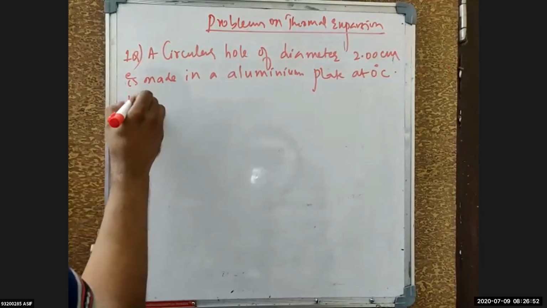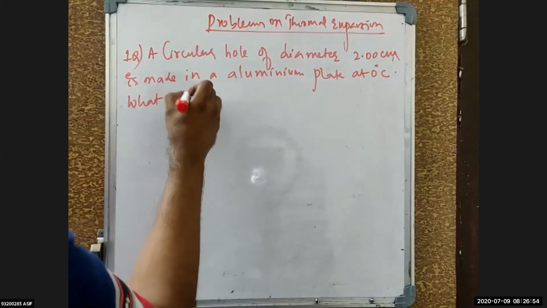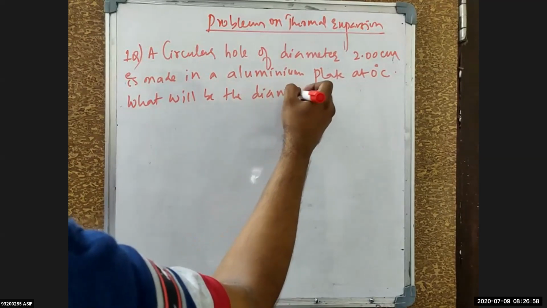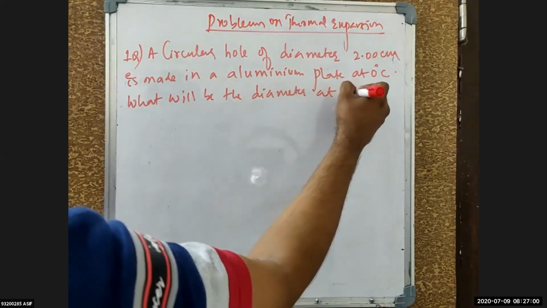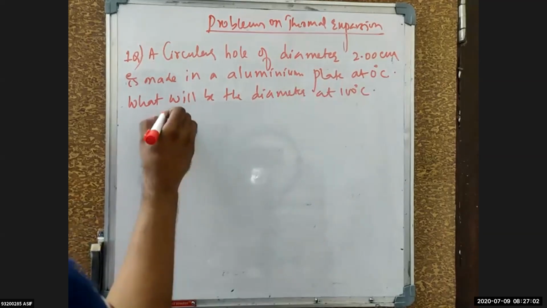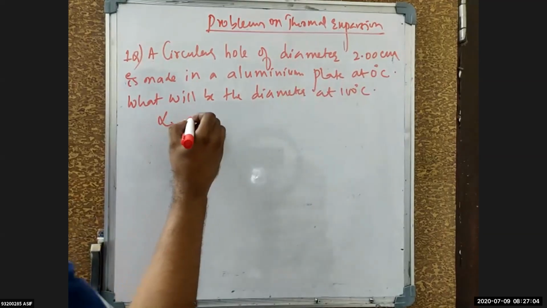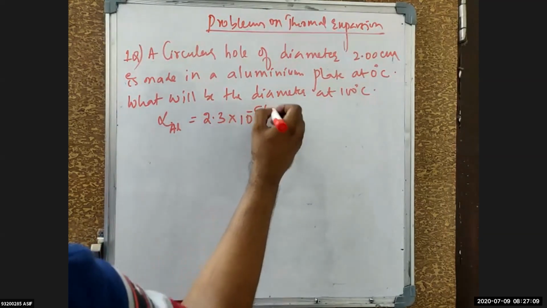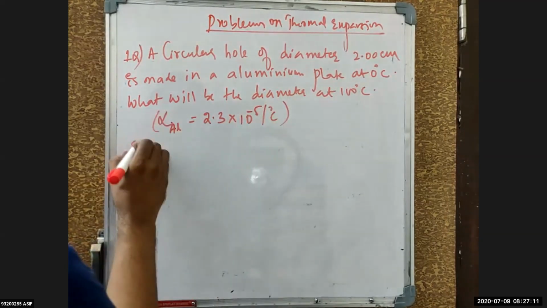What will be the diameter at 100 degrees centigrade? Alpha of aluminum is given as 2.3 into 10 to the power of minus 5 per degree centigrade.